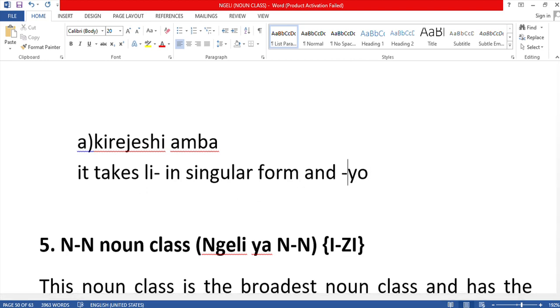This one should be attached to the end of this word. So it doesn't take li, it takes lo. Okay, lo, not li. Lo in singular form and yo in plural form.